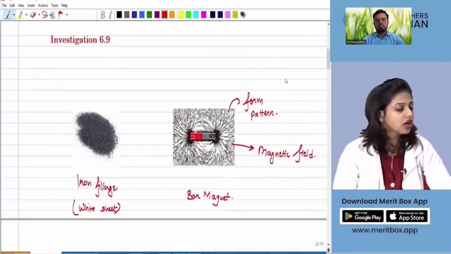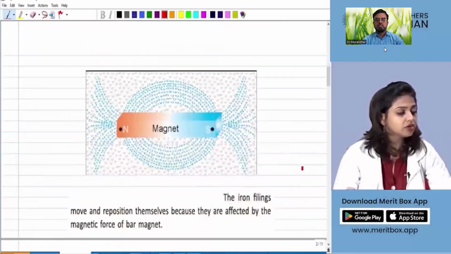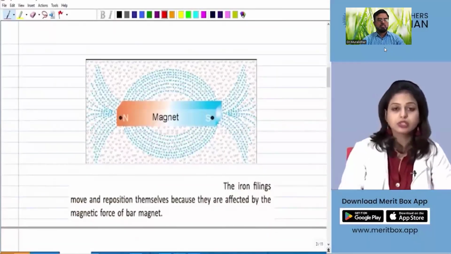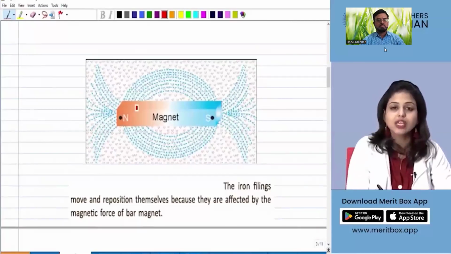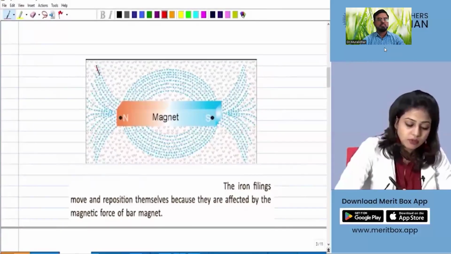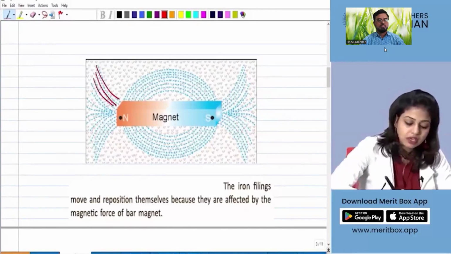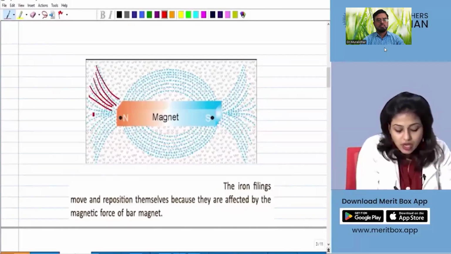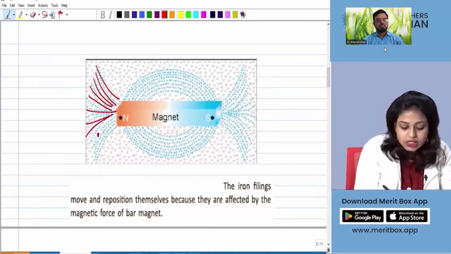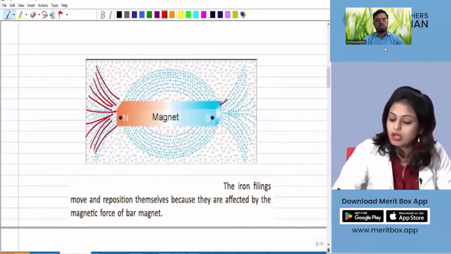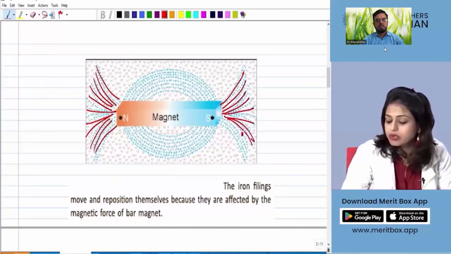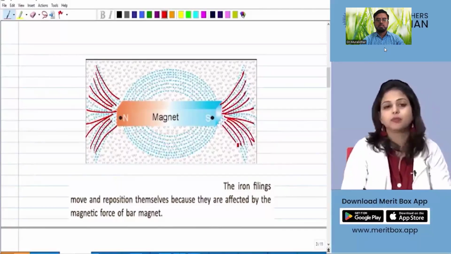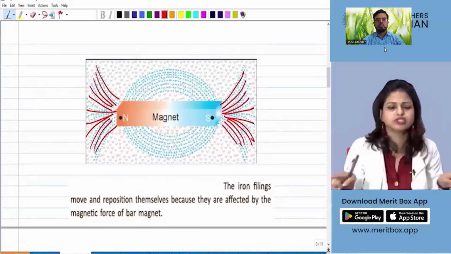Okay, students? Now, if I draw a picture of how the iron filings get arranged in a pattern, this is the pattern that you observe. You observe that the iron filings are more near the pole of the magnet. So, near both the poles, you will see that the iron filings are forming some circular shape.